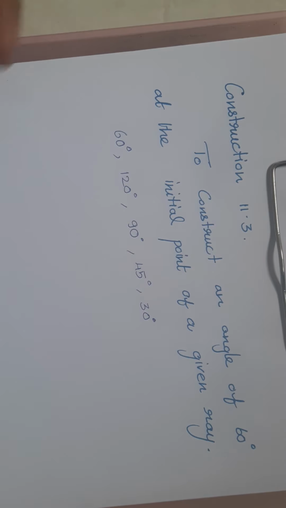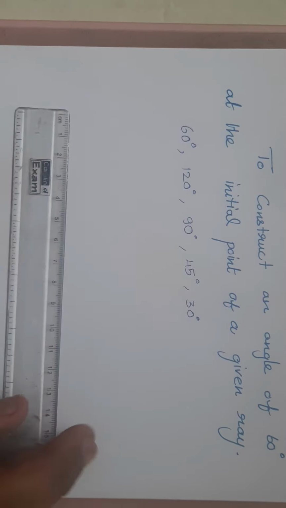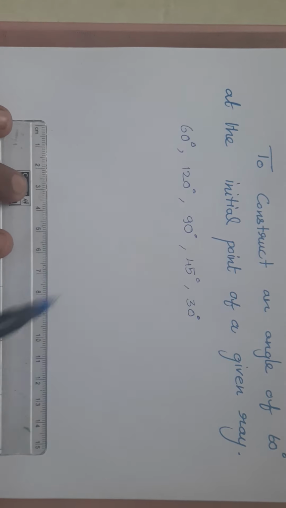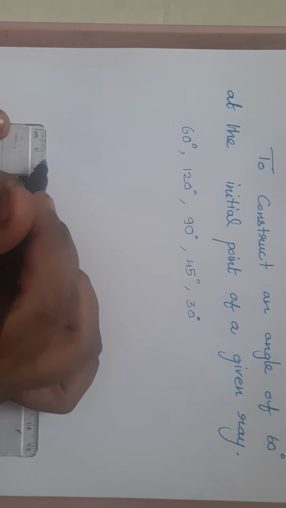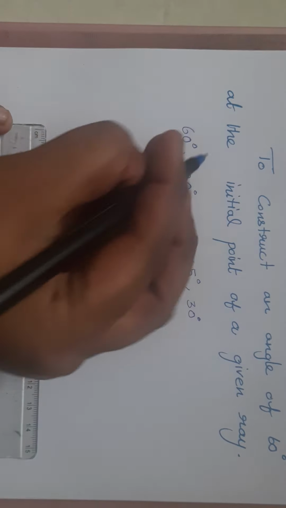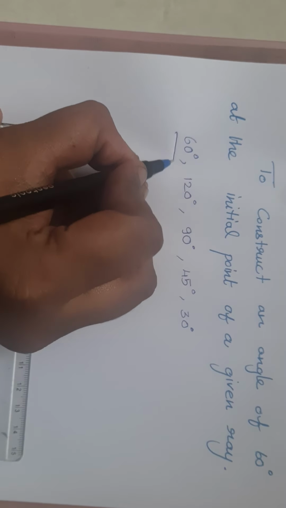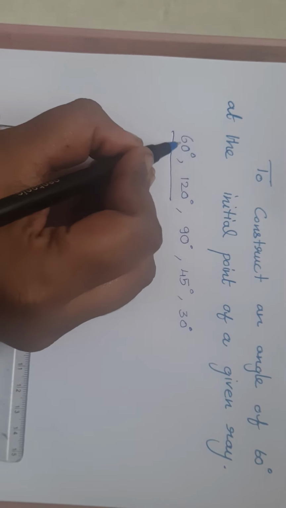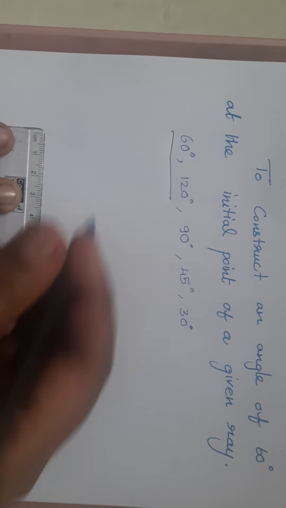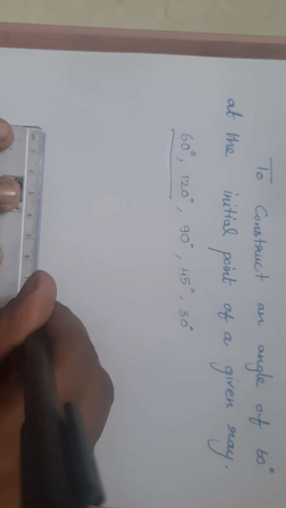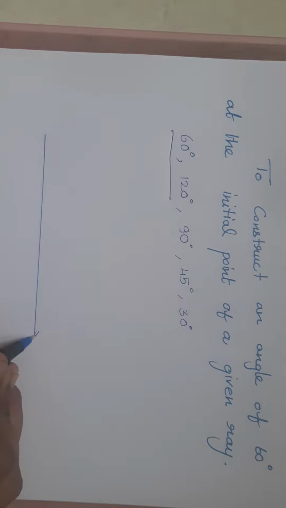First of all, you have to draw one ray. I will show you 60 degrees and 120 degrees first. So draw one ray.